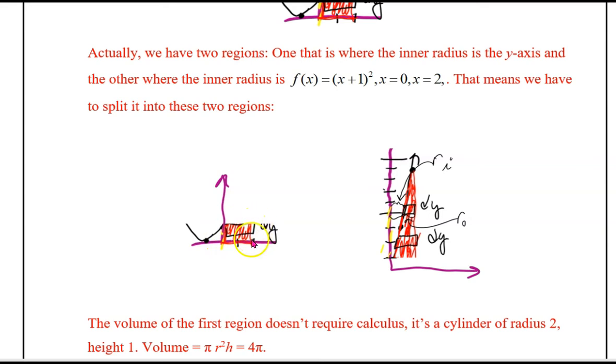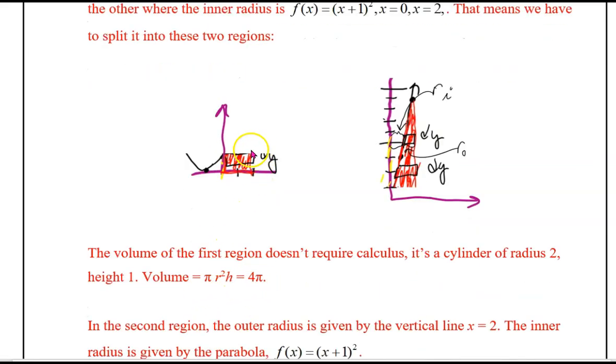The height of it is 1, and that will become the differential dy. That's the distance between one circle to the next. That tells us that our volume for this little piece, when it's revolved, is pi r squared times the height between the two cylinders, or 2 squared times pi times 1, or 4 pi.